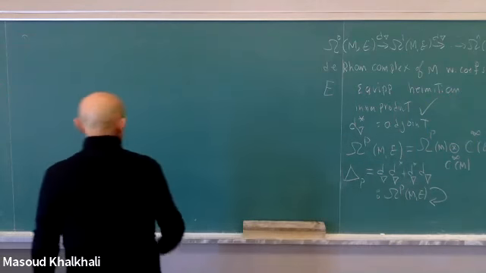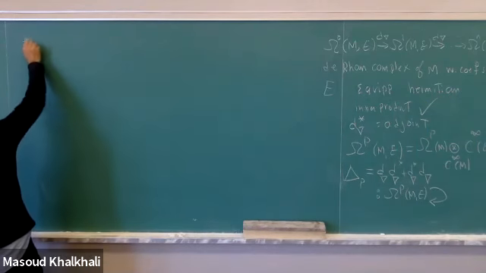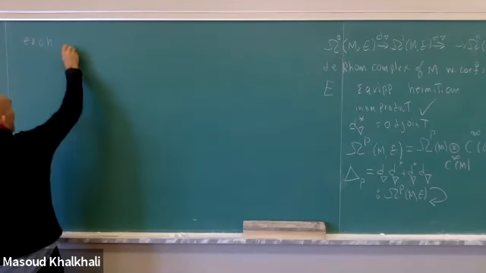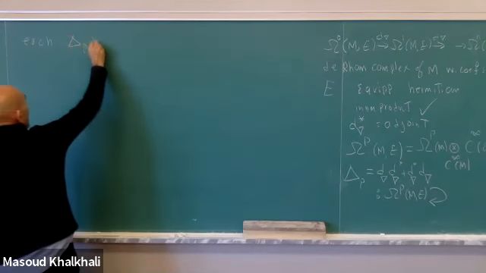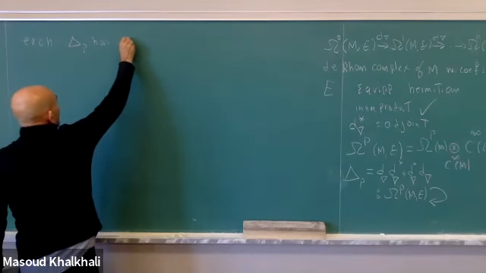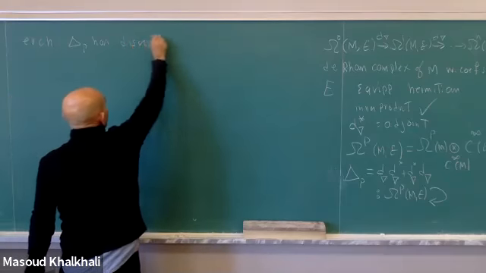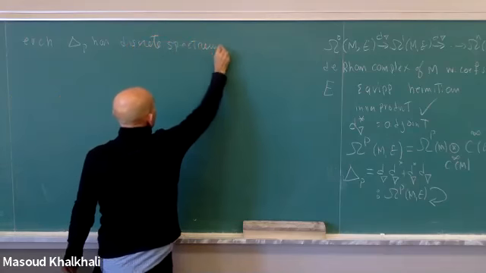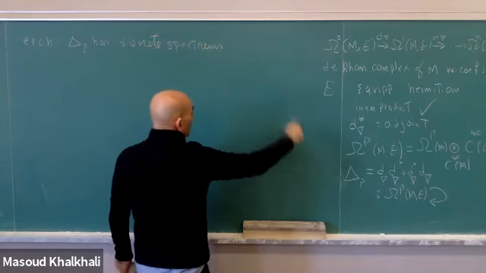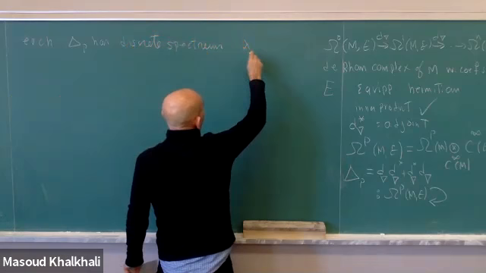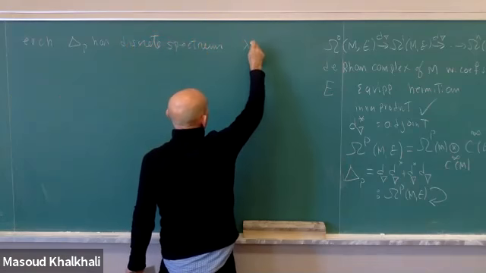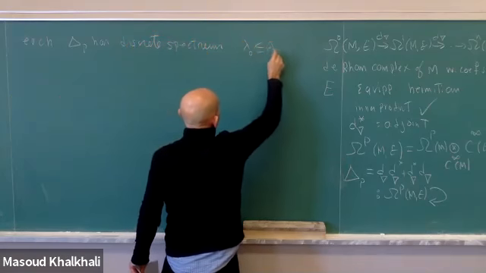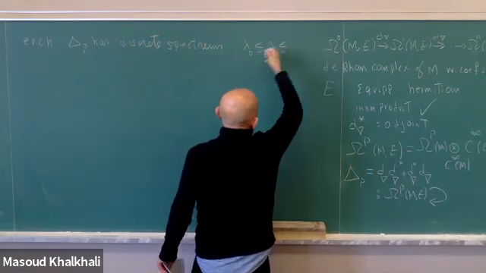Each delta p has discrete spectrum. I don't designate p anymore. I just say lambda 0, maybe less than or equal to lambda 1, like that.